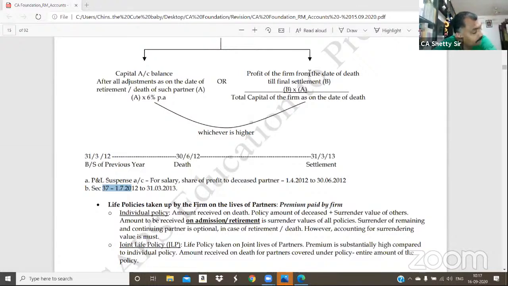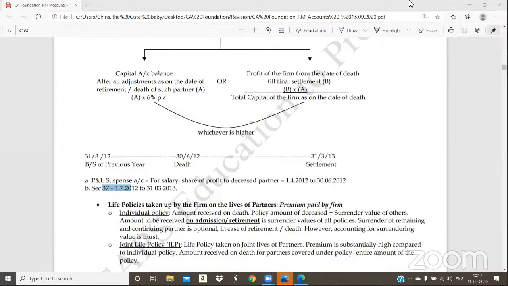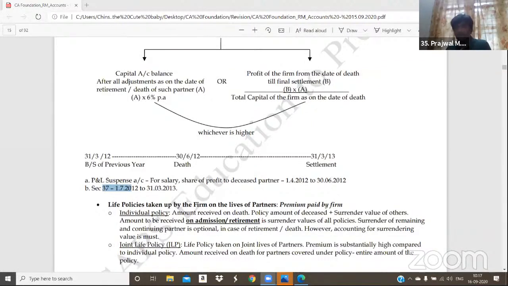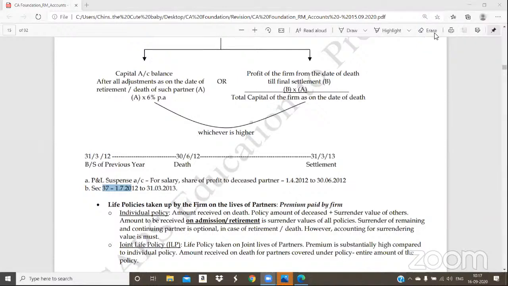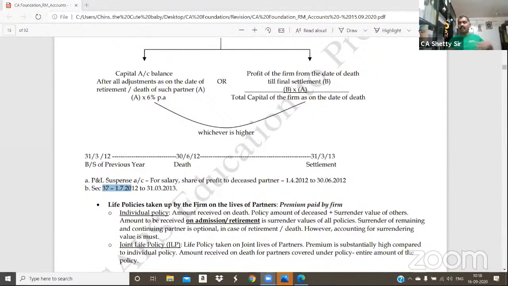One more sentence: Partnership deed prevails over the Indian Partnership Act 1932, unless terms in the deed are unlawful. All of you understood?